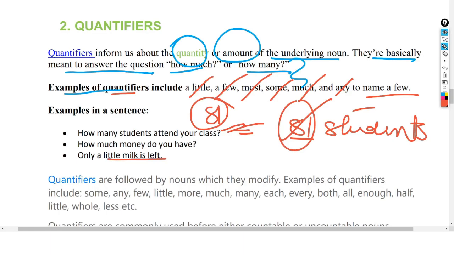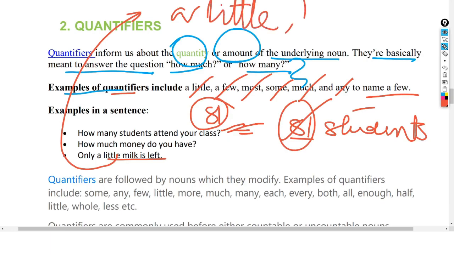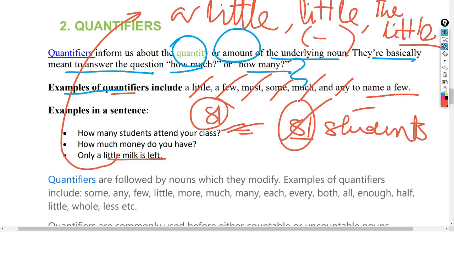Here also, my dear children, let me tell you something more. Suppose I am talking about a little, and little. There is a difference among these terms. Number 1, little means almost no. There is little milk in the cup, meaning almost nothing.